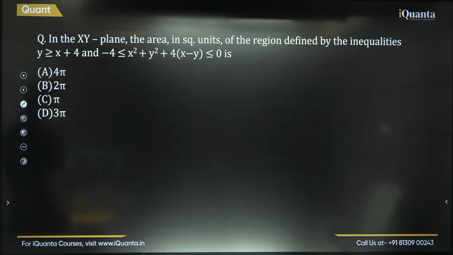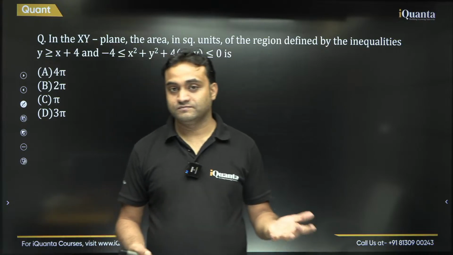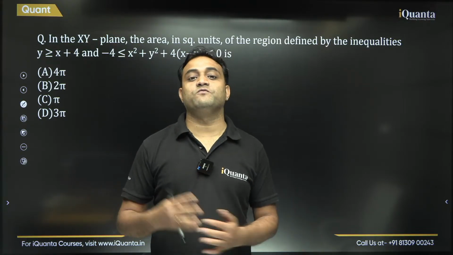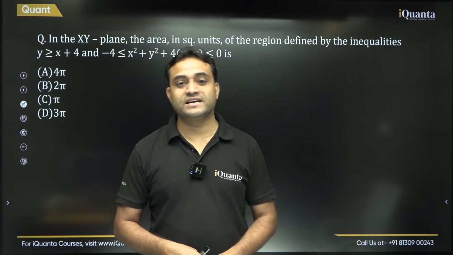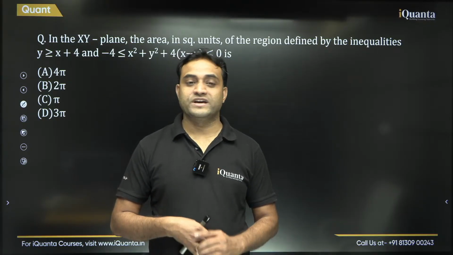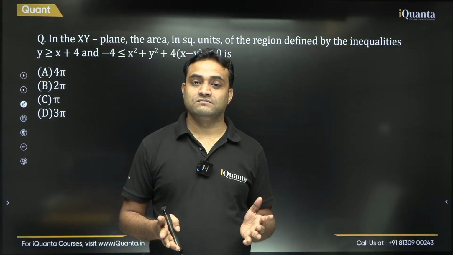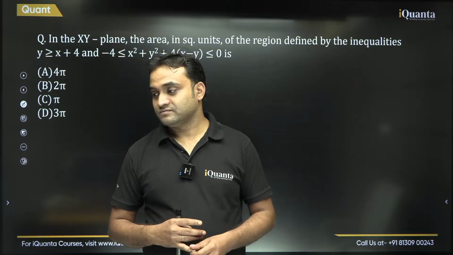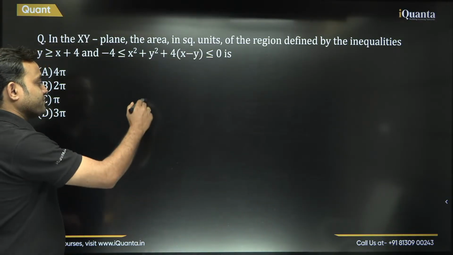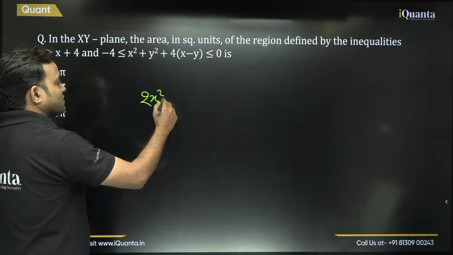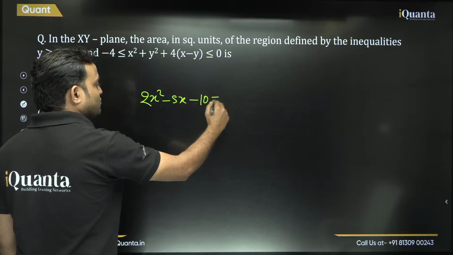K equal to 1 doesn't satisfy the equation. Ayushman, we don't need to find the value of k. We need to find the sum of values of k. The question doesn't ask what the value of k is, and I still don't know it. But the sum of all the values of k, that we know, is -2/3. Say there is a quadratic equation 2x² - 5x - 10 = 0.